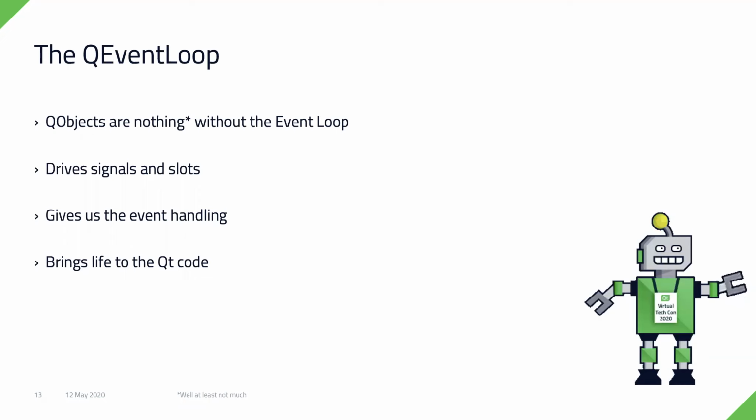If you have used the Qt API but not looked at the QEventLoop, a fascinating thing to do is to build the debug version of the Qt libraries and run the QEventLoop through a debugger, and you'll get a fantastic view of how Qt works on the inside. You don't need to do that to use Qt, but it's interesting, and you begin to get an understanding of the relevance of the event loop.